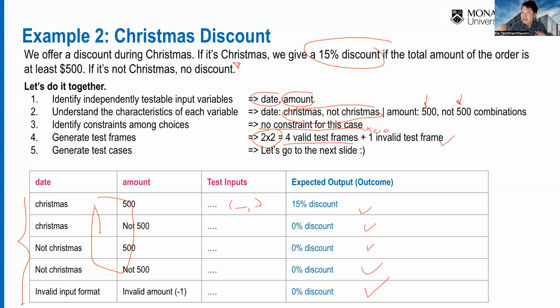What I want to say is that when we design test cases, we can use a combination of techniques. This is only one technique to generate the combination of the test input. It doesn't mean that with one spec we can use only one technique; we can use multiple techniques to strengthen the test cases as well.